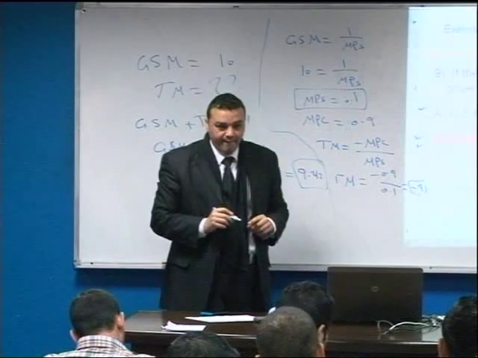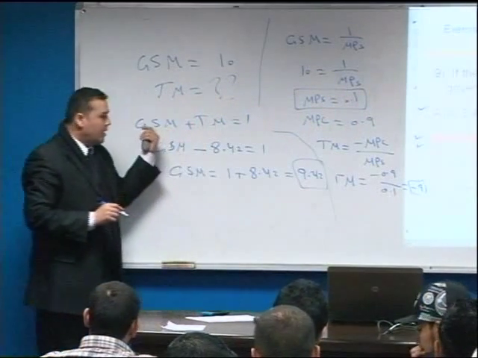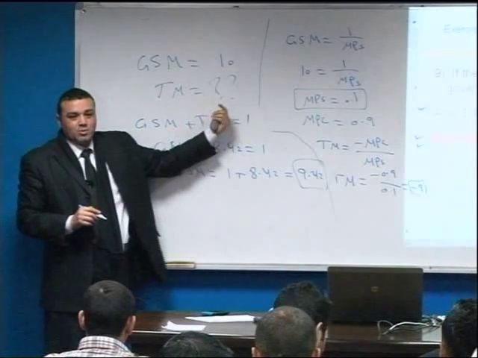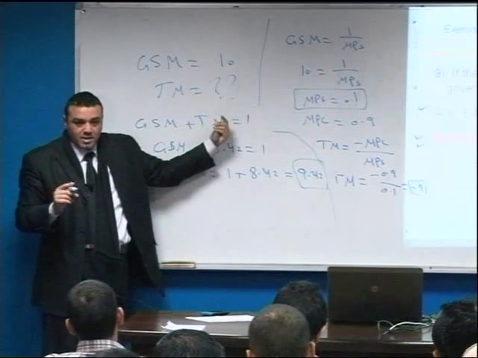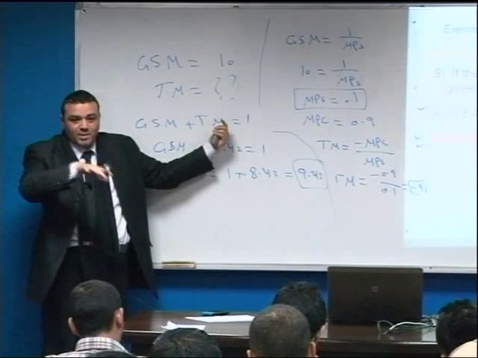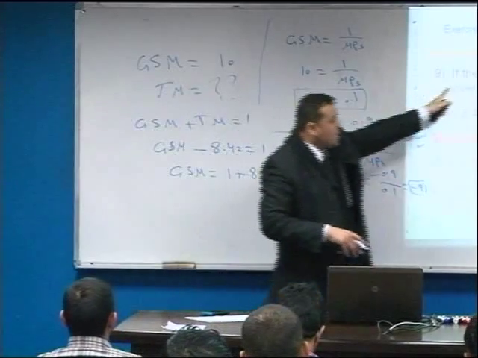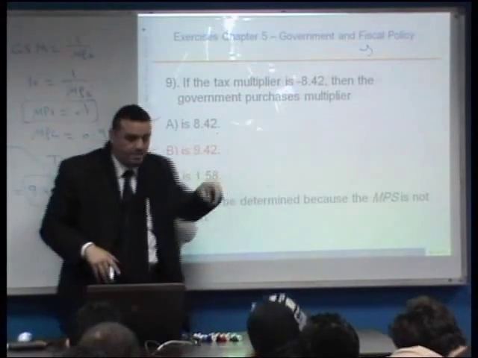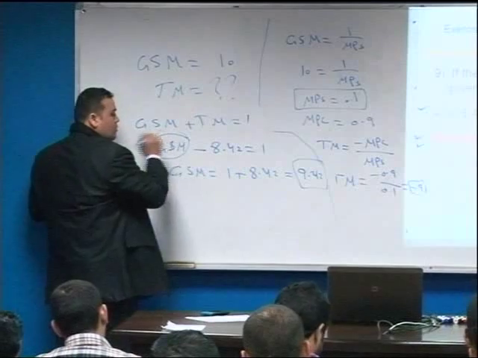Right? As you know, the government spending multiplier plus the tax multiplier equals how much? 1. It's always 1, under the balanced budget multiplier law. In this case, the tax multiplier equals minus 8.42, and the government spending multiplier is required.